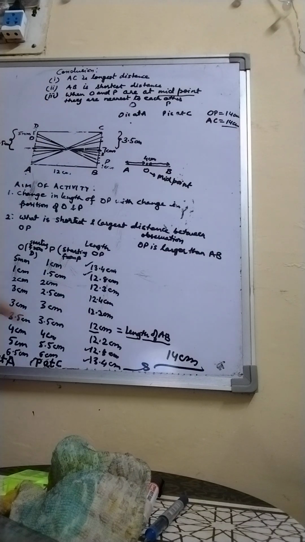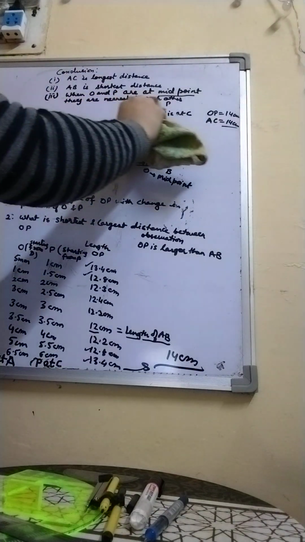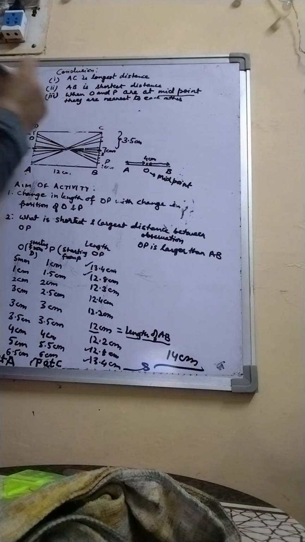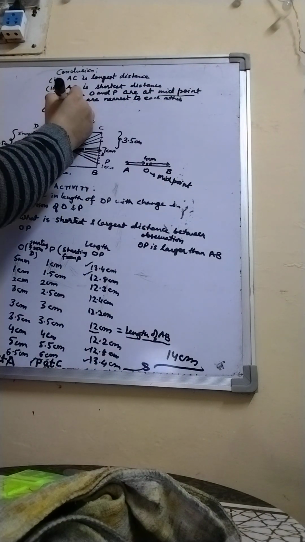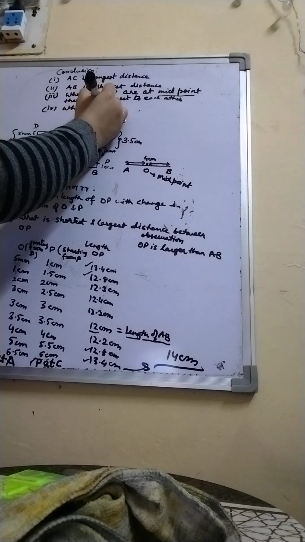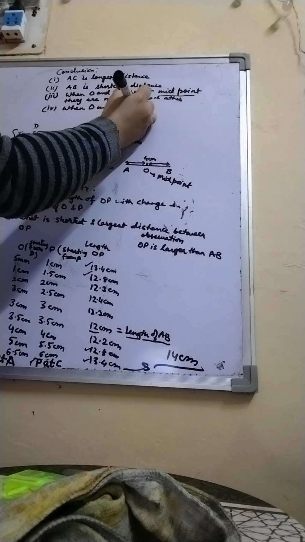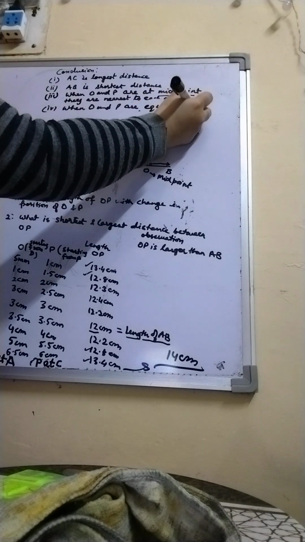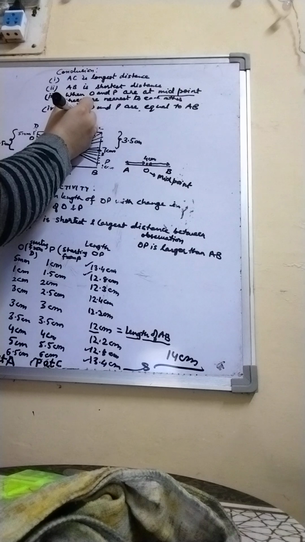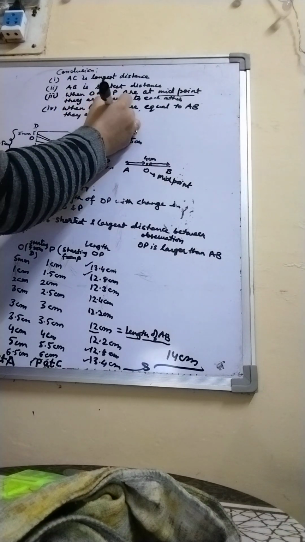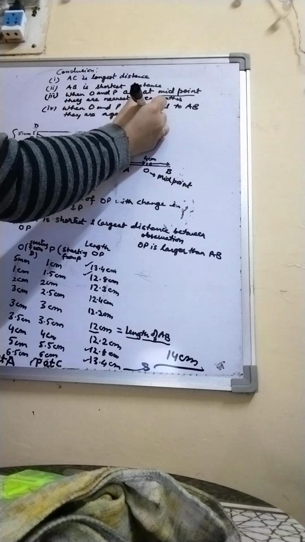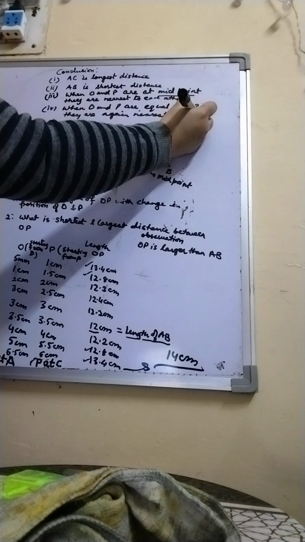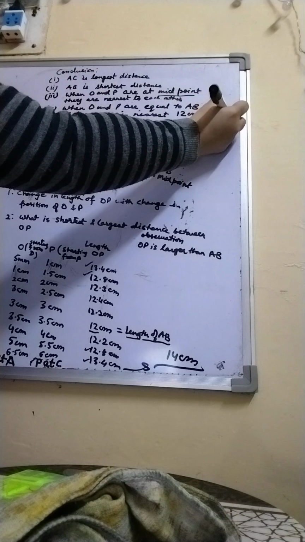And when O and P are equal to AB, they are again nearest, which is 12 centimeter in this case, equal to length of AB.